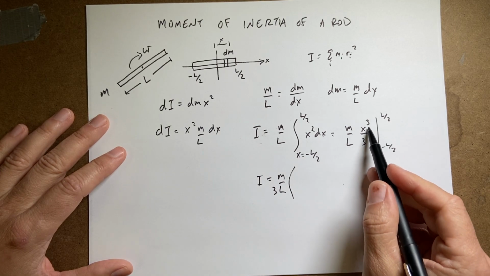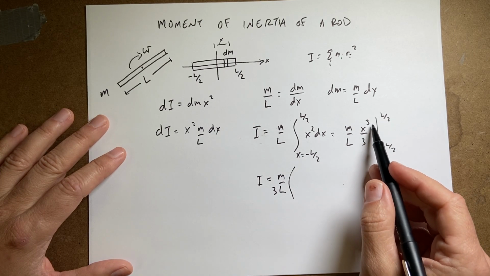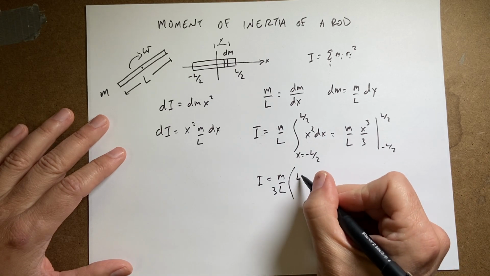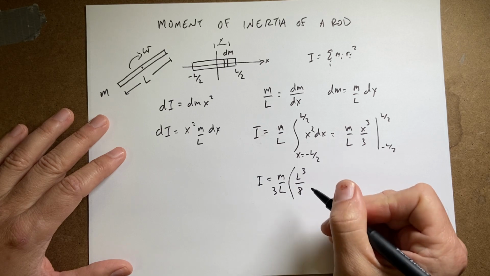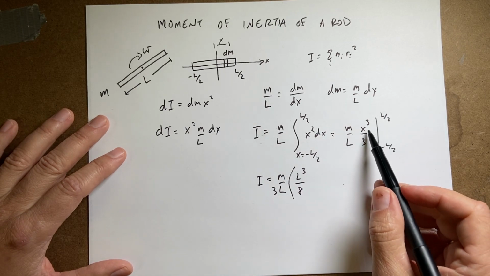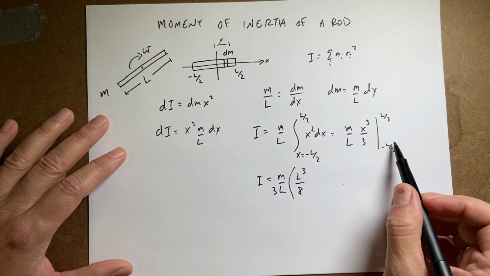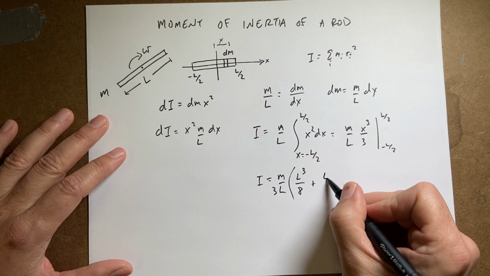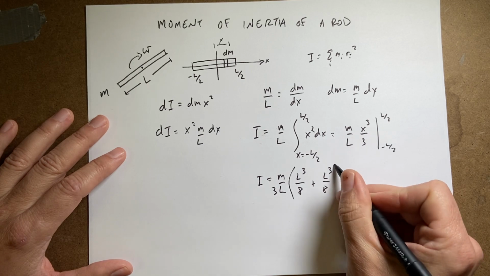I brought the 3 out. So I'm going to get x cubed, L over 2, and I'm going to cube that. I get L cubed over 8, right, because I cubed one half. I get the 8. And then I'm going to subtract this, but if I cube that, I'm going to get a negative sign. So I'm actually going to add this, plus L cubed over 8.